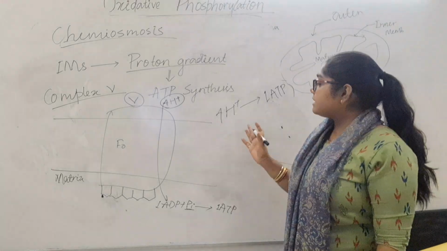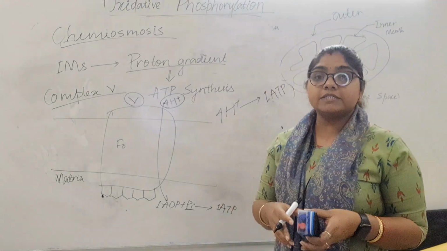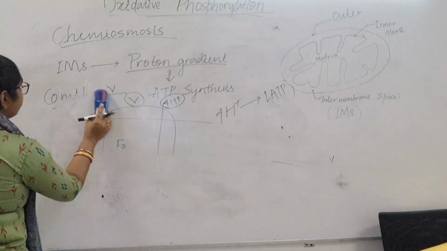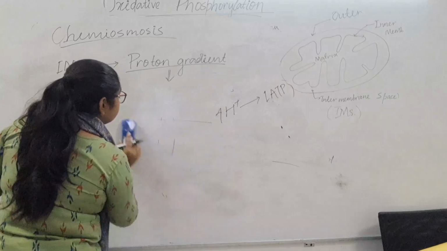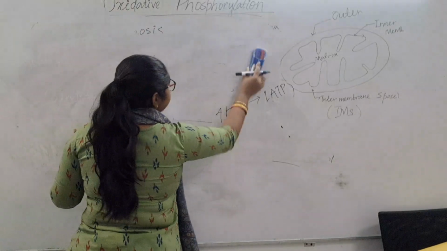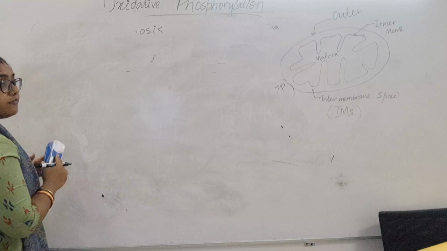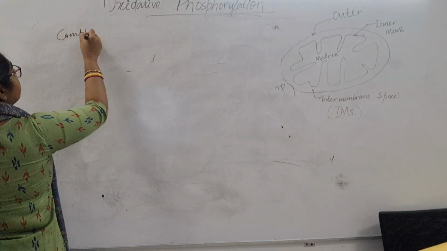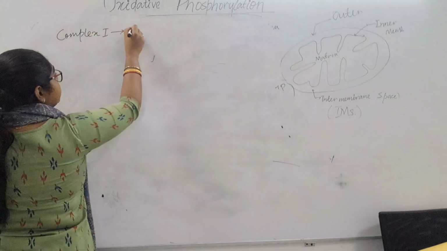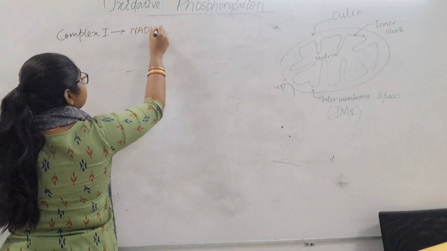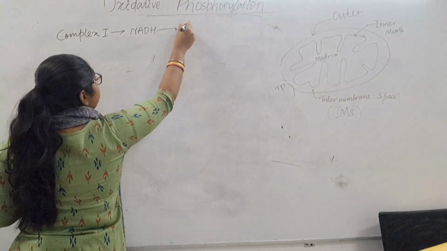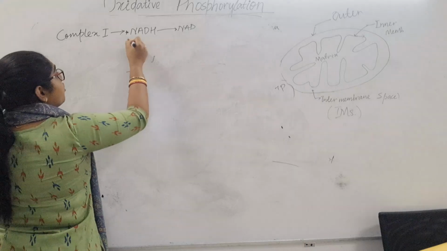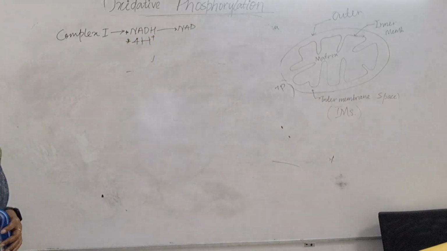If you think about the whole process, in the electron transport chain there are 4 complexes: complex 1, 2, 3 and 4. In complex 1, NADH is converted to NAD, it is NADH dehydrogenase, and it transports 4 protons to the intermembrane space.